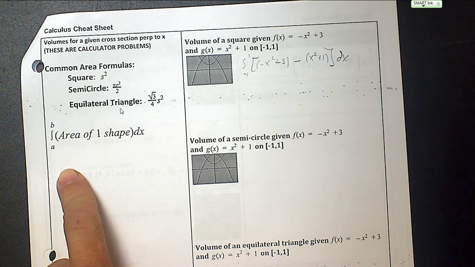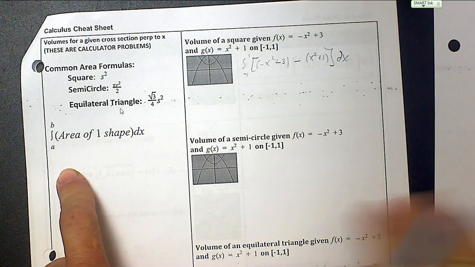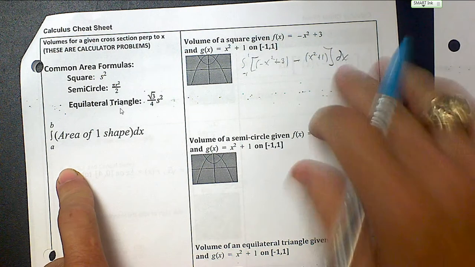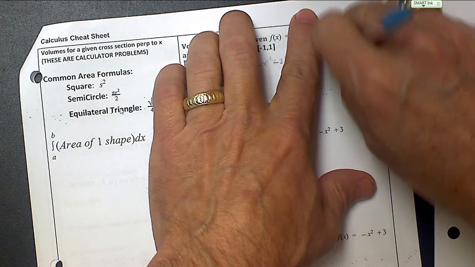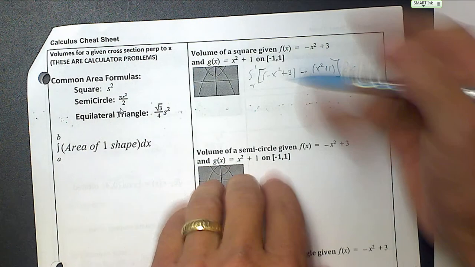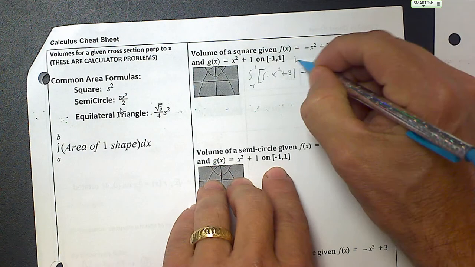So top minus bottom. I missed something. That's our base right there. All of that is the base. So this is the base right here.